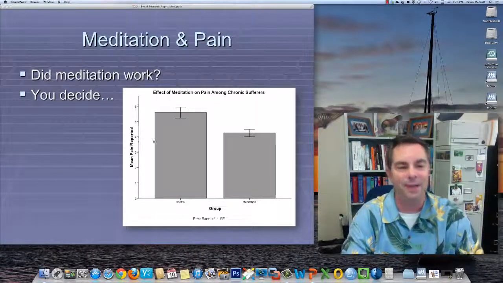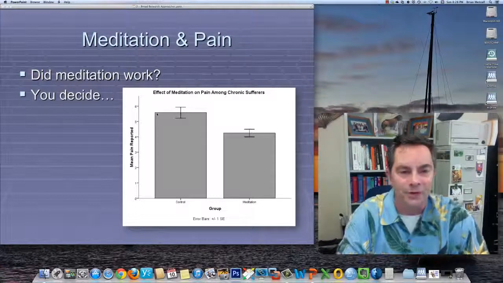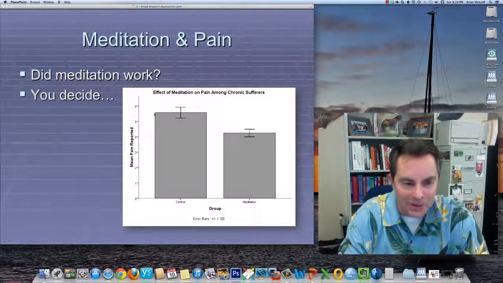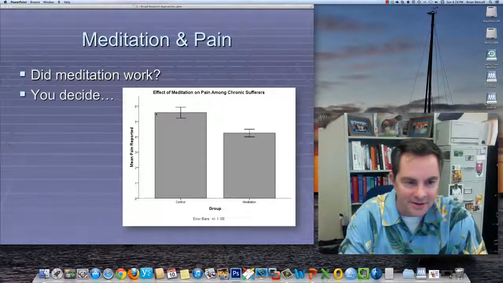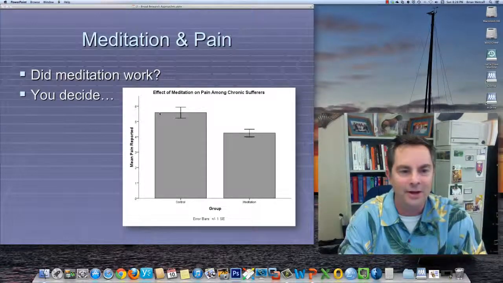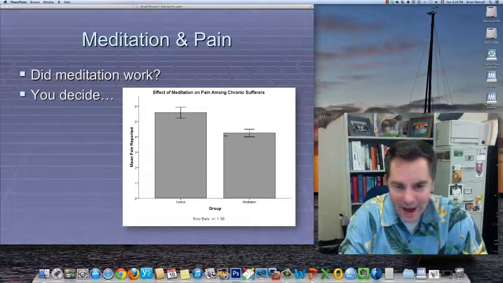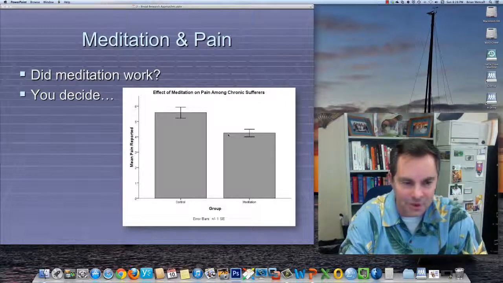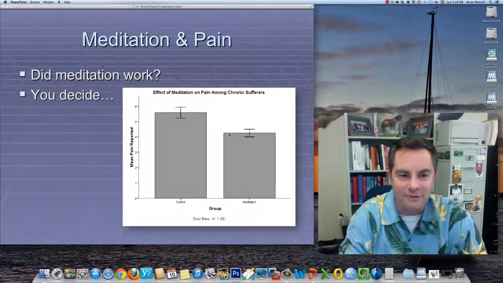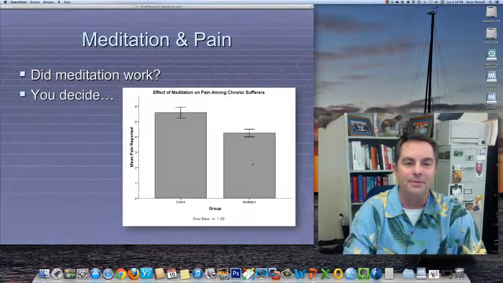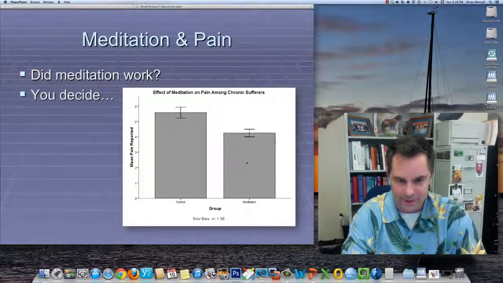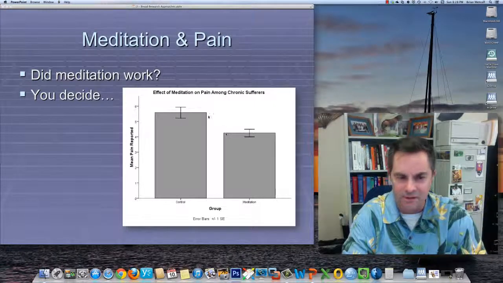The average pain for the control group was, oh, I don't know, a little bit better than 5.5. Their average pain self-report was about 5.5 compared to maybe 4.25, 4.3 for the meditation group. So it looks like there was a reduction.